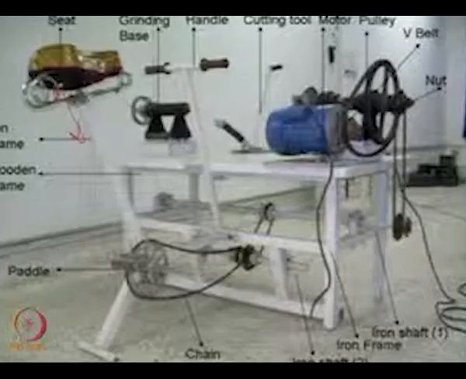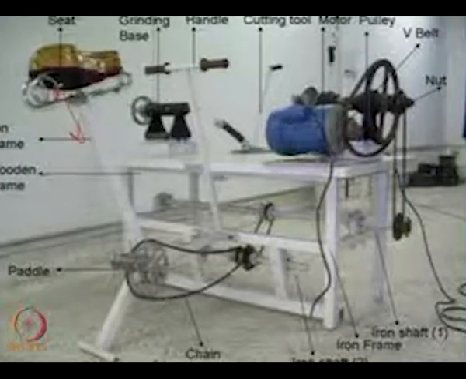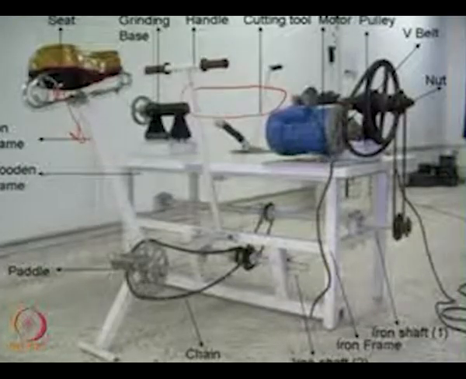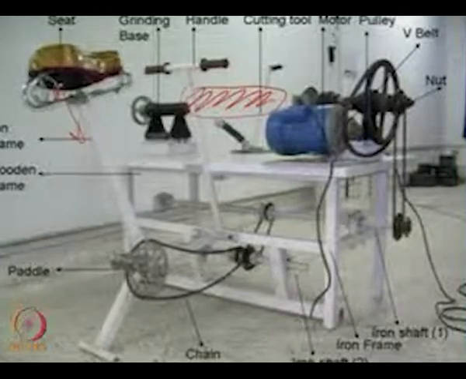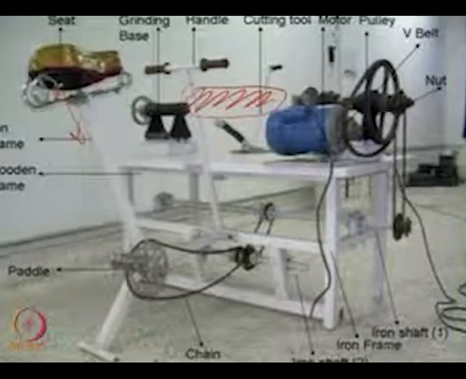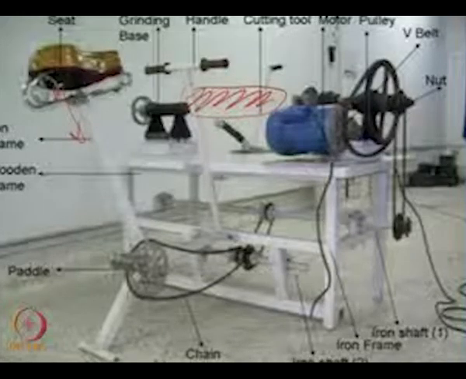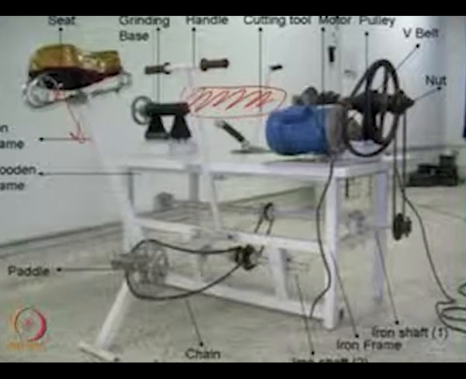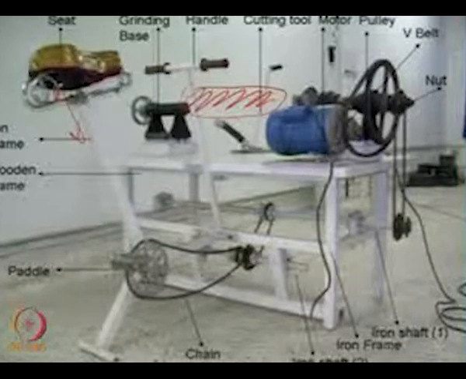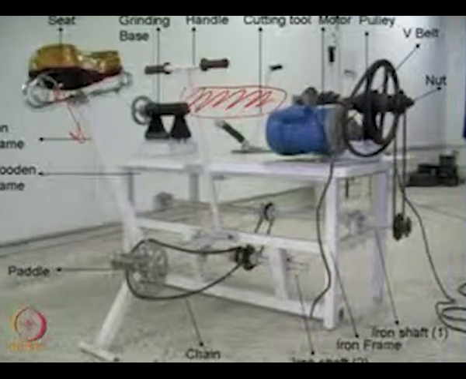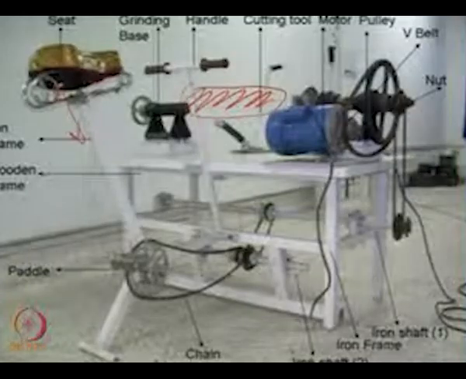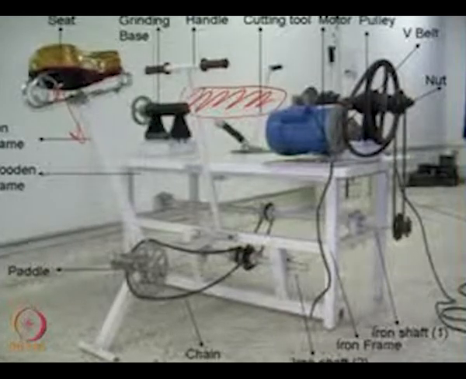The main brass metal may be placed here, and a motor was provided here. If power is there, then through the motor this shaft can rotate and only one person can polish the machine from this side.